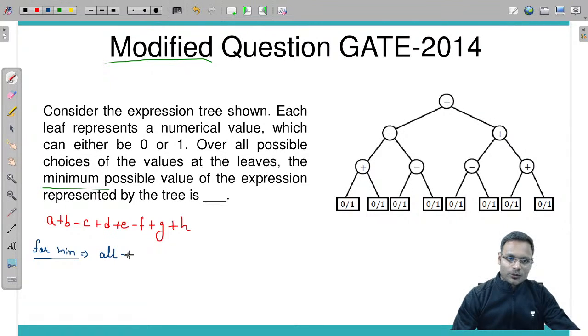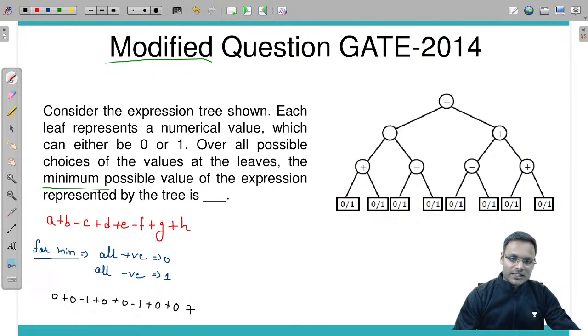All positive variables take as 0 and all negative as 1. करके देखो क्या मिलेगा. If we will do this, we will get 0 plus 0 minus 1 plus 0 plus 0 minus 1 plus 0 plus 0. Answer is minus 2.